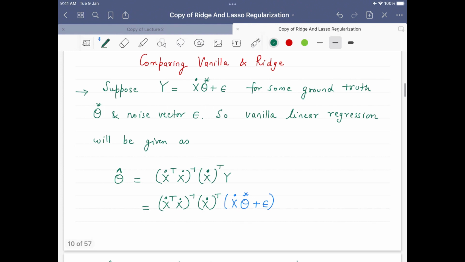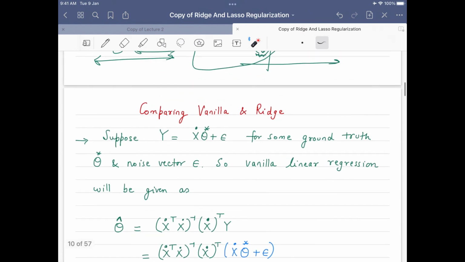So if I want to compare two different types of algorithms, which are the vanilla algorithm and the ridge regression algorithm. Ridge regression is nothing but theta square. If I am using this as the norm, then this is also called L2 regression, or ridge regression.